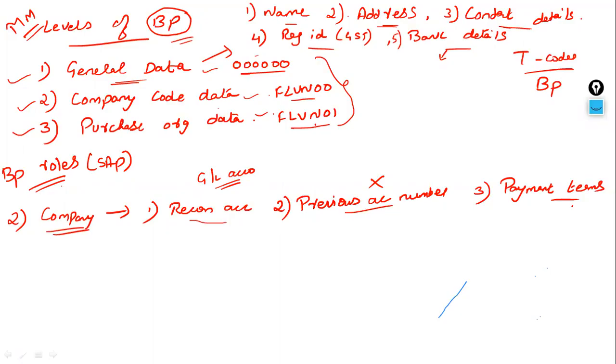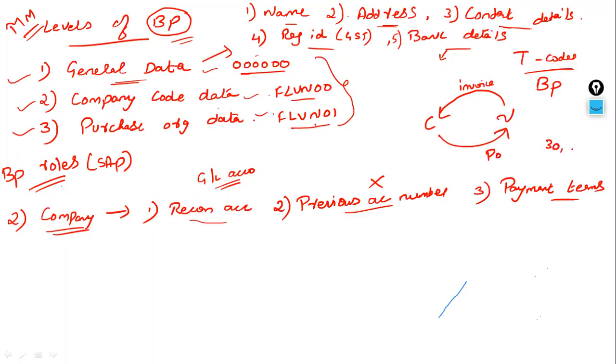Payment terms is nothing but, for example, you are procuring something from the vendor. You are a customer. You are placing a PO. Vendor will supply the goods to you and he will send the invoice. So, as soon as he sends the invoice, in how many days you need to do the payment to the vendor?